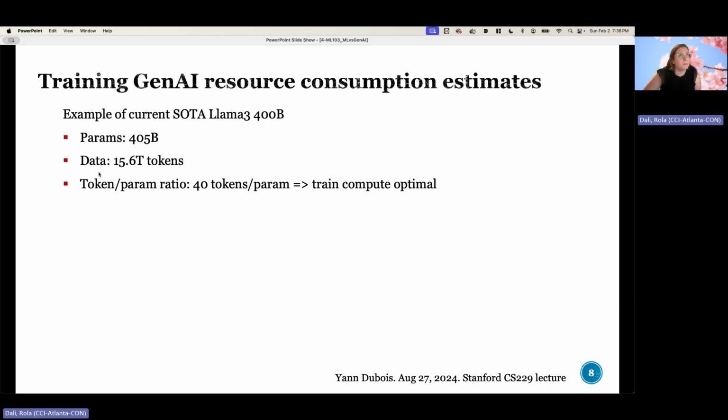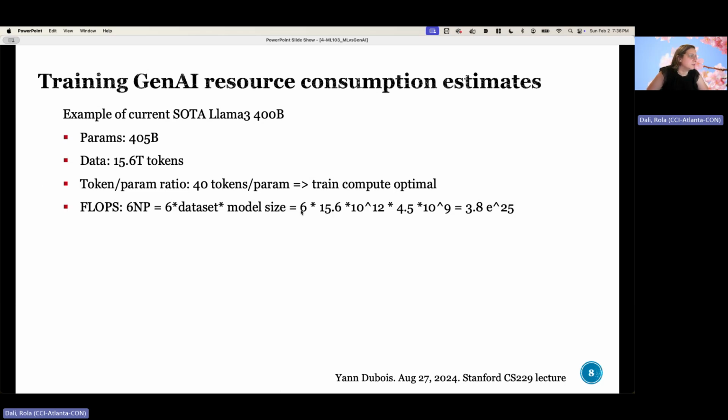And in the paper, I think their estimate was that you need 20 times the number of tokens. So there should be 20 times more tokens than parameters for an optimally trained model, I think. And this is 40 tokens per parameter, so it's higher than that, which means that it's trained compute optimal.